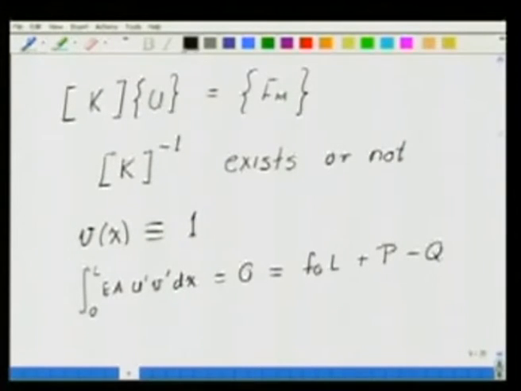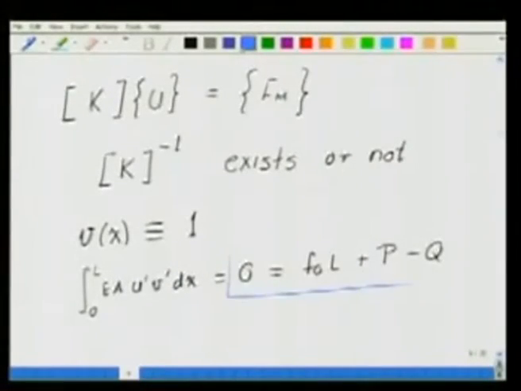We had earlier stated the consistency requirement for static equilibrium, and that has come out of this also. Our loads have to satisfy this constraint in order to find a solution to the problem. That is for K inverse, we will see whether it is invertible or not, but at least here the issue is whether a solution can be found or not.